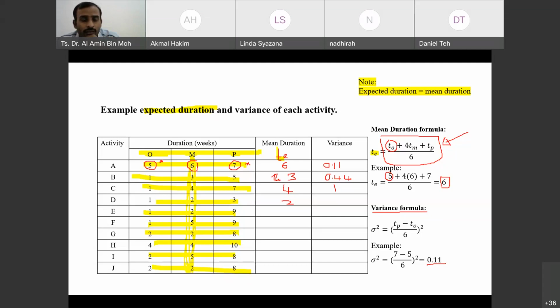Oh, okay. But it sounds logical: 5 plus 6 plus 7 divided by 3, right? But the formula given should be 4 times the most likely time, so just stick to this.